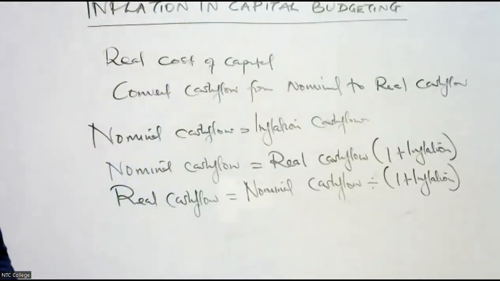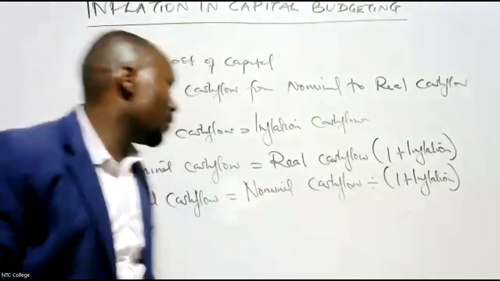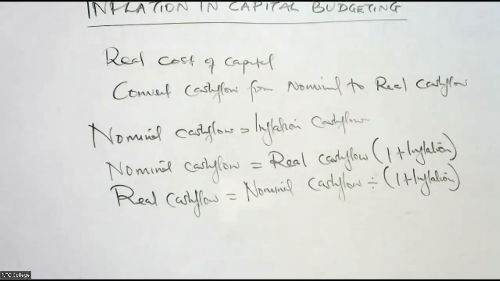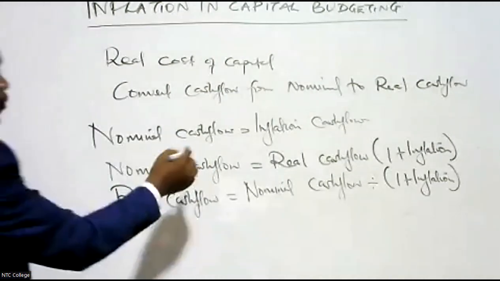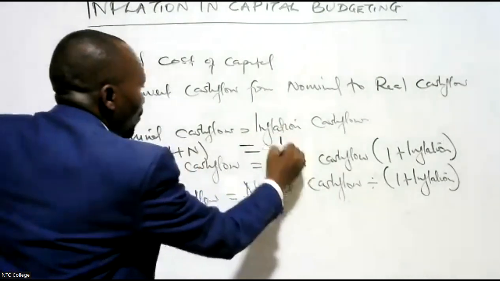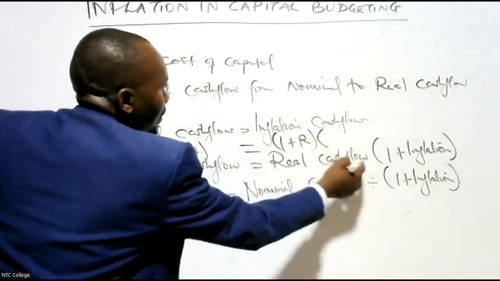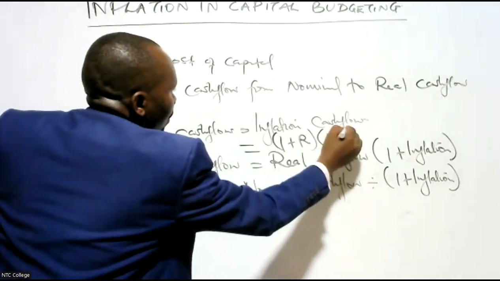So this is the general inflation that you're given. Hii ni sawa tu. We were having 1 plus n, which was equal to 1 plus r, and you know r was the real rate, times 1 plus inflation.